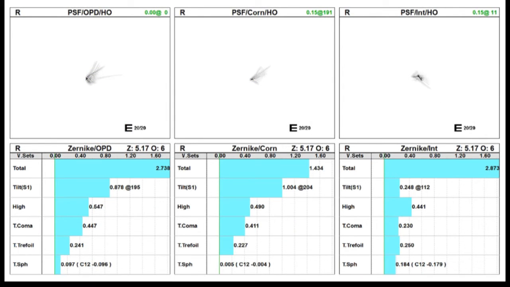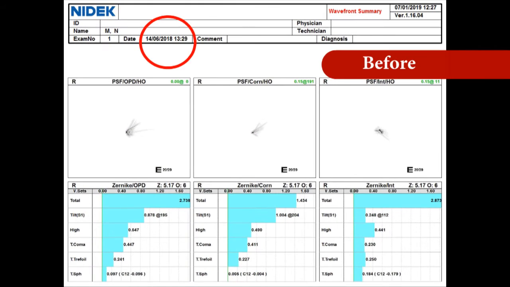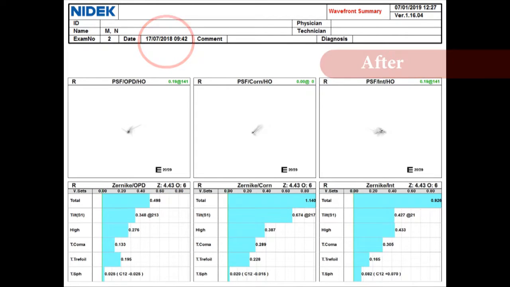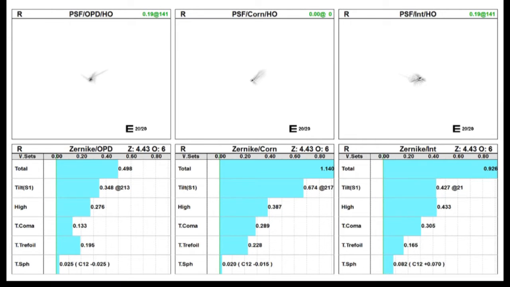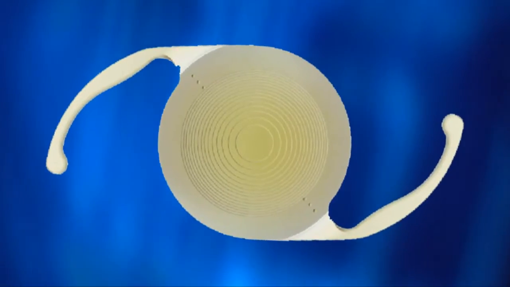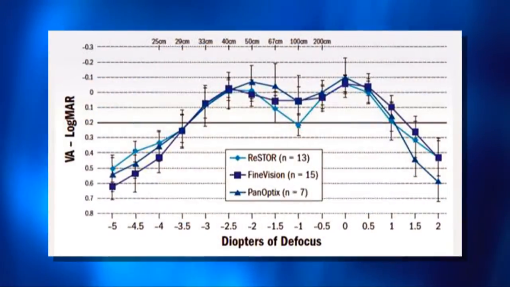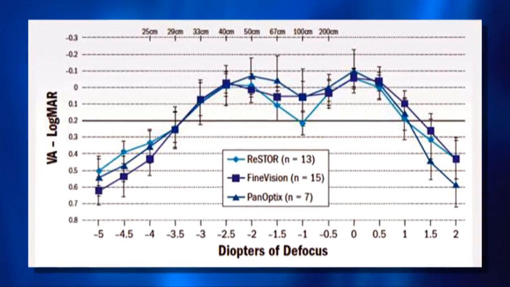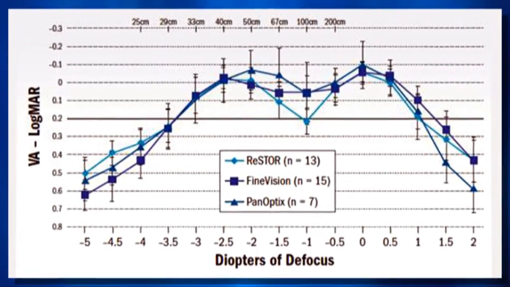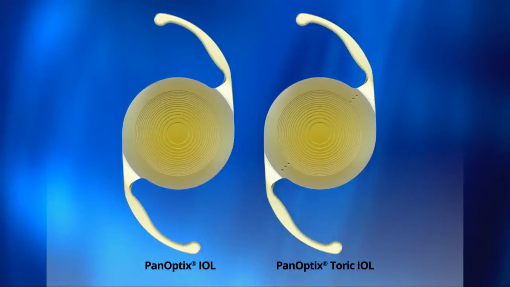Note the point spread function difference before and after. Further studies are necessary to verify whether this new panfocal IOL technology is a suitable option in optically demanding cases, such as in post-hyperopic LASIK refractive surgery, using aberrometry as an invaluable tool.